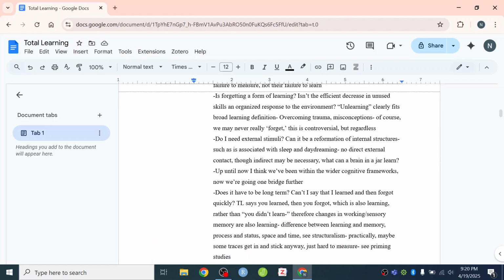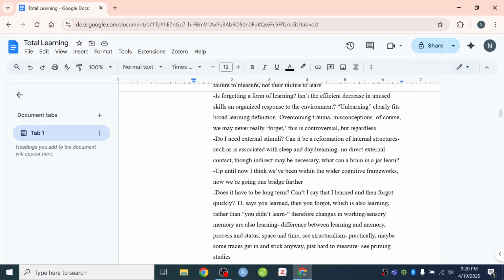Many cognitive psychologists and psychologists more broadly will define learning as a change in long-term memory, but does it really have to be a change in long-term memory? Can it simply be a change in sensory and short-term memory, working memory? Can't I say that I learned and then I forgot very quickly?